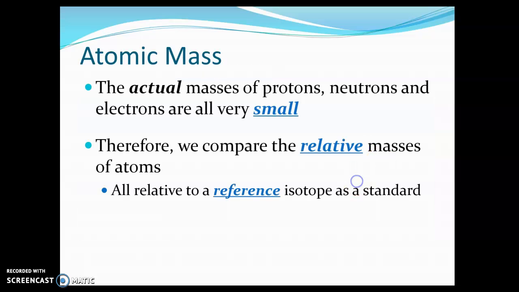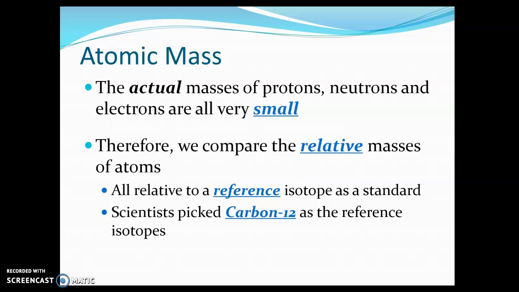All right, atomic mass. The actual masses of protons, neutrons, and electrons are all very, very small. Therefore, we compare the relative masses of atoms, all relative to a reference isotope as a standard. Scientists picked carbon-12 as a reference isotope.